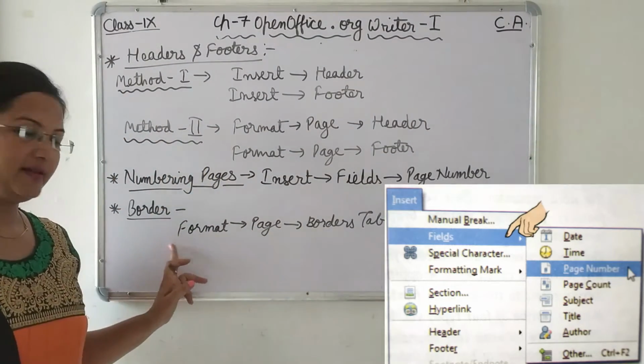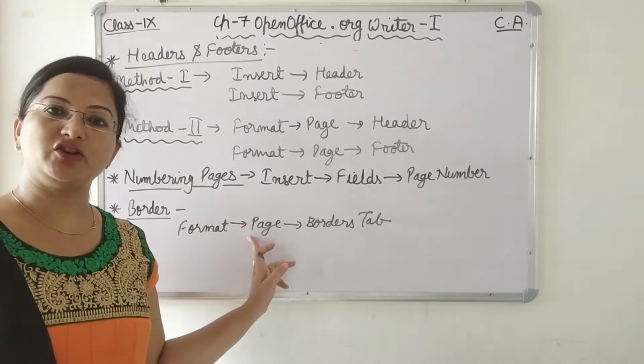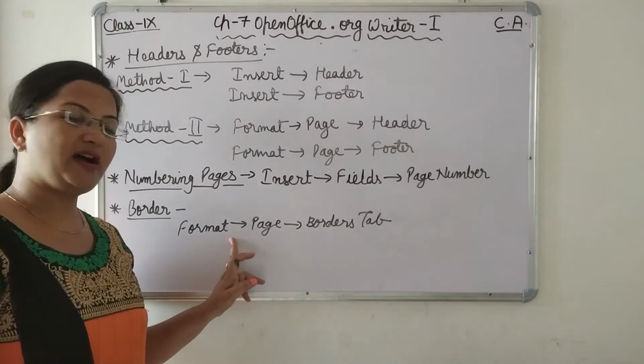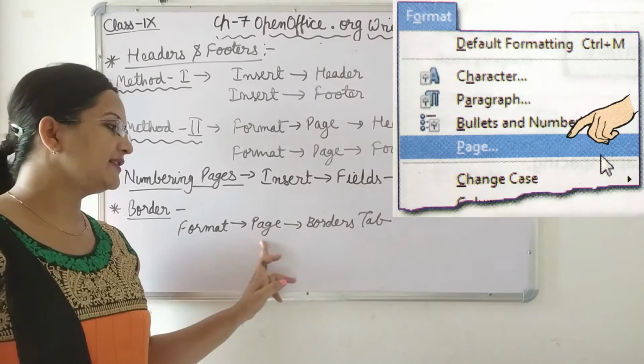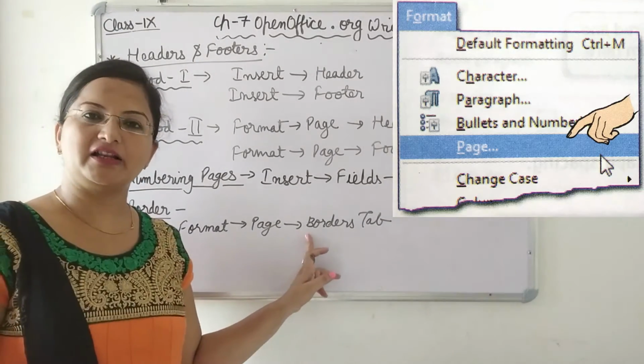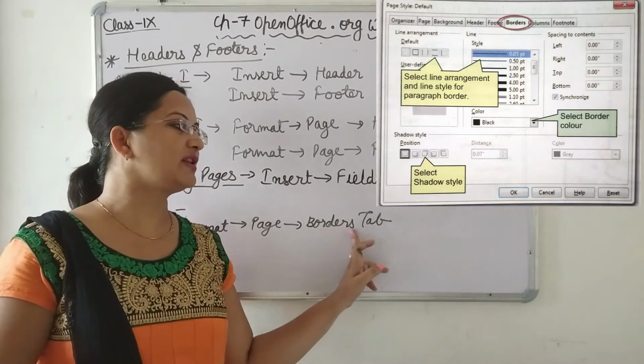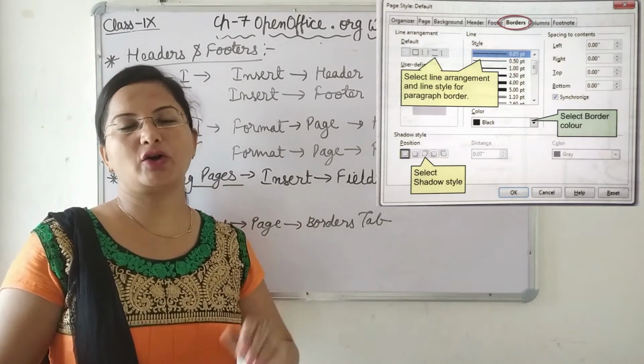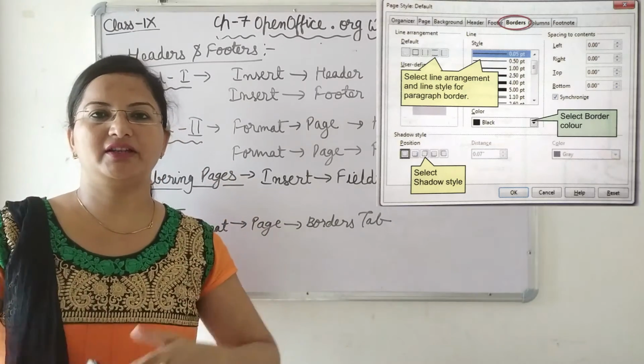Now borders. If you want to put a border in your page, then you have to click on format in the menu bar. Then you have to choose the page option there. Then the page style dialog box will open. In that you have to click on the borders tab. When you click on the borders tab, you will get three options.